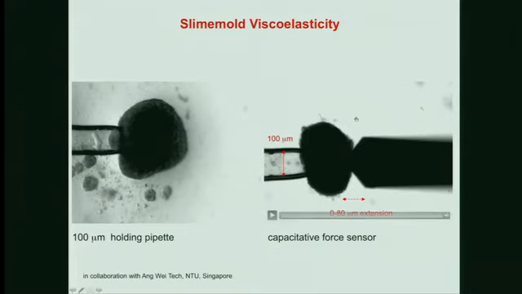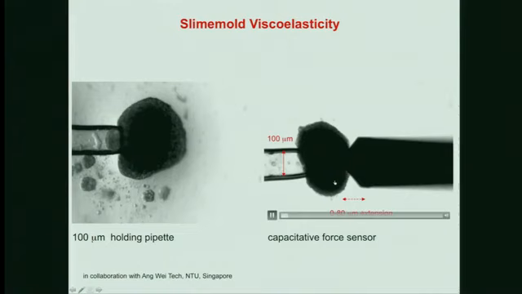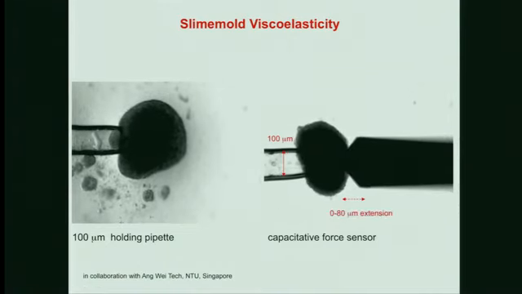So we do this with a capacitive force sensor, which you can do with different frequencies. We haven't explored the frequency range a lot, mainly working in the 1 Hertz regime.